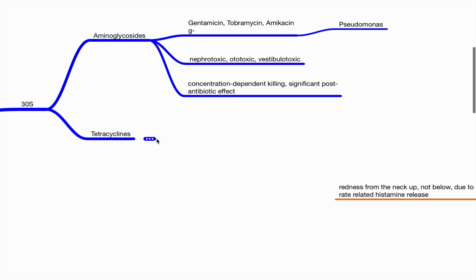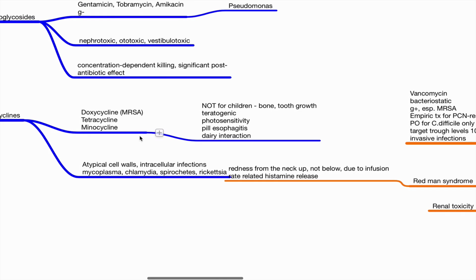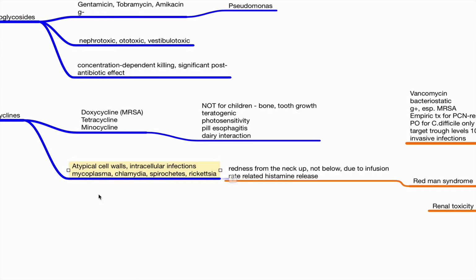So that's aminoglycosides. Then we have tetracyclines. The most common tetracycline that we'll see used is doxycycline. The other alternatives are tetracycline and minocycline as well. It's worth knowing some of the side effects, so we never give it to children because it is somewhat teratogenic.